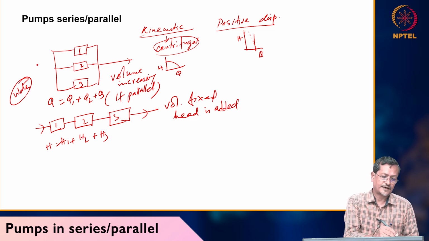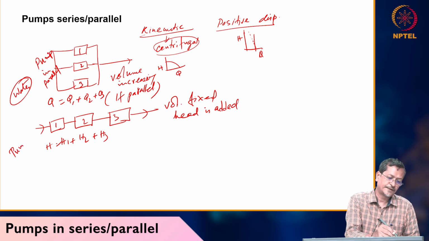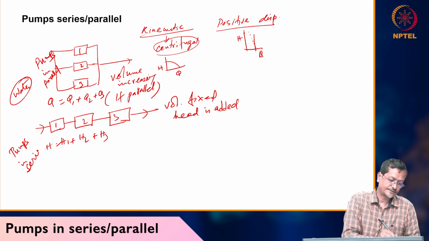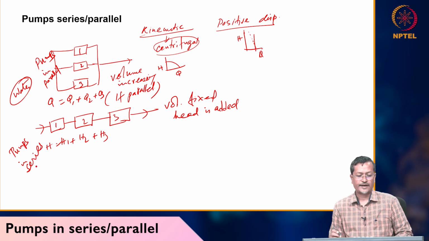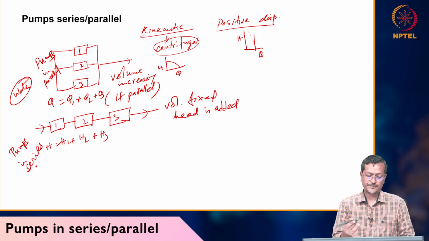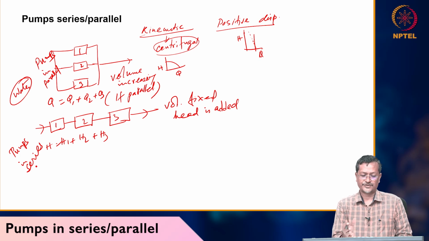This is pumps in series, and pumps in parallel. Both have their advantages and disadvantages, basically head and flow rate multiplication. That is the basic difference.